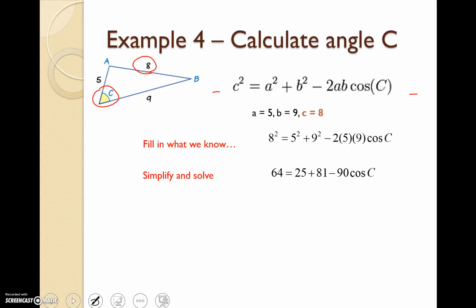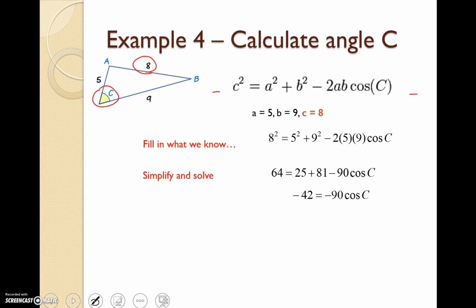So now I'm at that point where I'm going to start combining things. So the 25 and the 81, I'm going to start moving that over to the left-hand side. Notice how I did not move the thing next to the 90. If you're getting these problems wrong, it's probably because you did the 25 plus 81 minus 90. Order of operations does not allow us to do that.